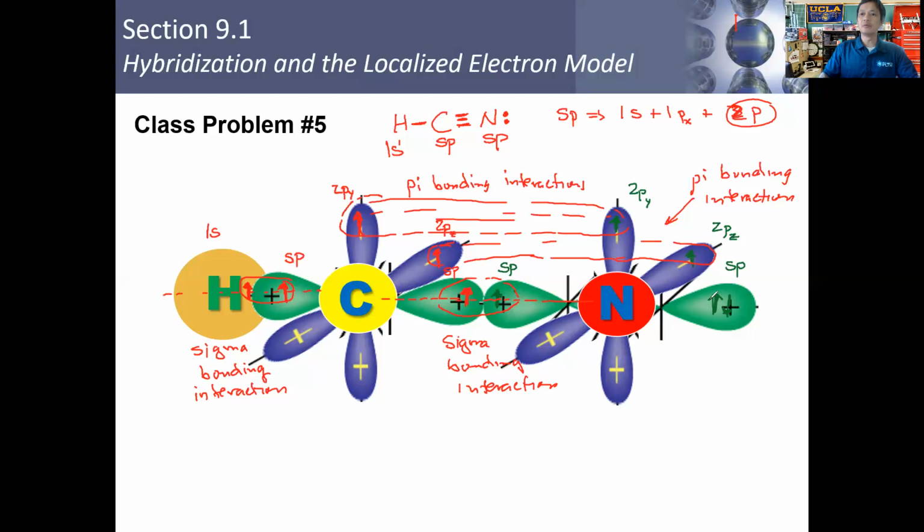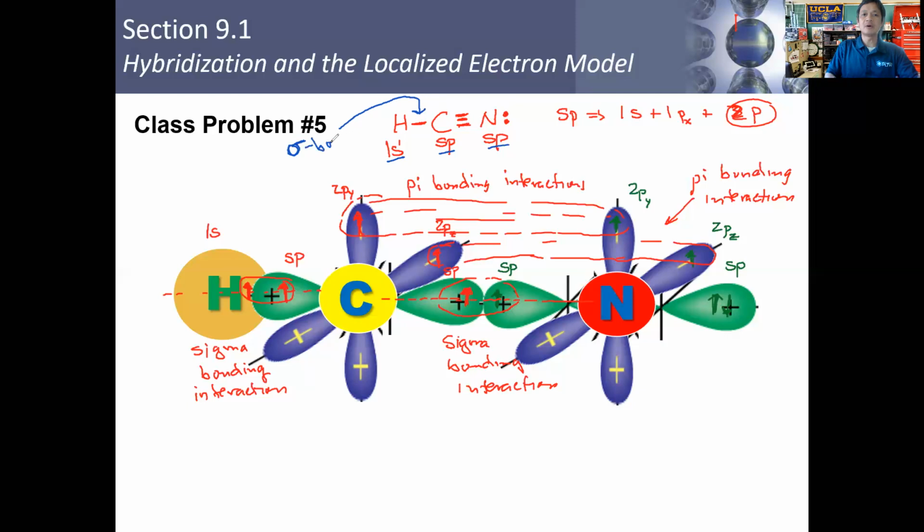What you need to be able to do, with some problems for you to practice with, is draw the Lewis dot structure. You need to be able to identify the hybridizations for each one of these atoms. From that hybridization, hopefully you can see that this single bond here will be a sigma bond, which I will abbreviate with the Greek letter lowercase sigma.